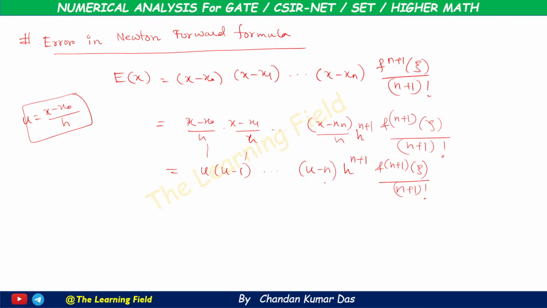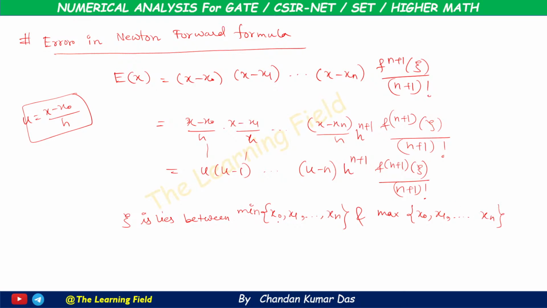Here xi lies between the minimum of x0, x1, ..., xn and the maximum of x0, x1, ..., xn, as we already discussed.